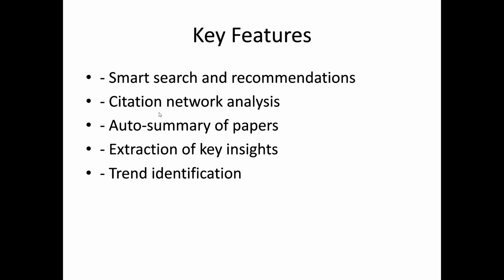Maybe sometimes you can look at AI in this domain. It's like your research assistant, basically. And as I mentioned, network analysis. Okay. You also have auto summary of papers. Okay. AI is good at summarizing the content. Okay. And extraction of key insights for you. Okay. And also you do the trend identification.